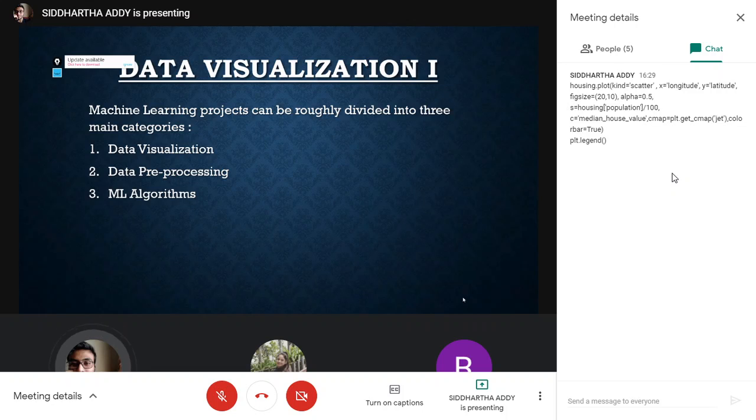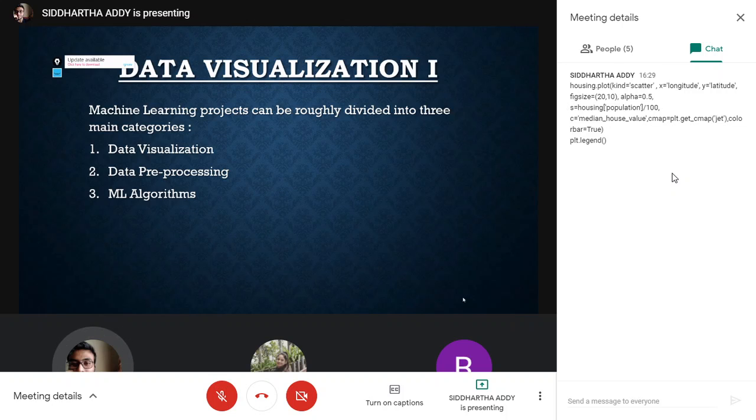Now, in this 4th session, we have completed data visualization. I have shown you every possible way that you can visualize this particular data set. In case of other data sets, there are other visualizations that you can do. I'm not going to get into that because it would be very long. I could take 20 sessions on visualization only, so it's not wise to do that. But we have completed visualization for this data set.